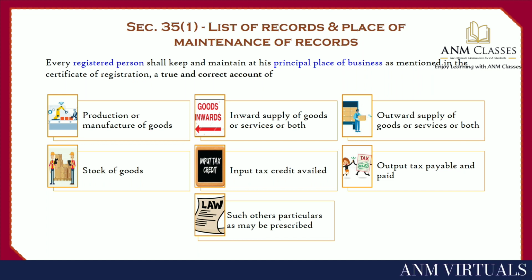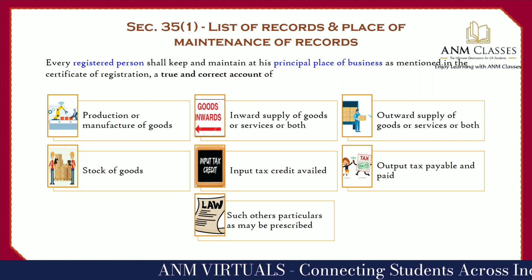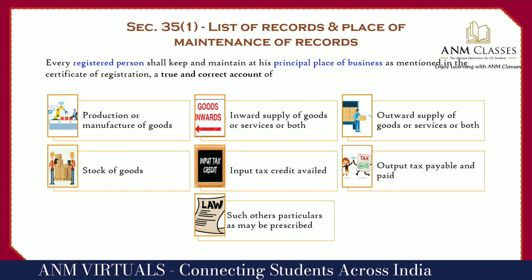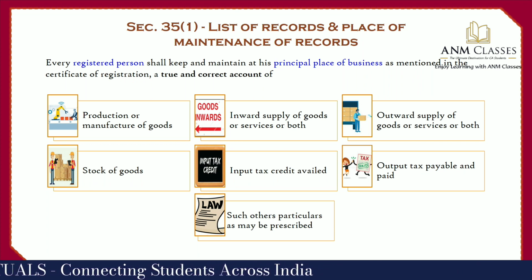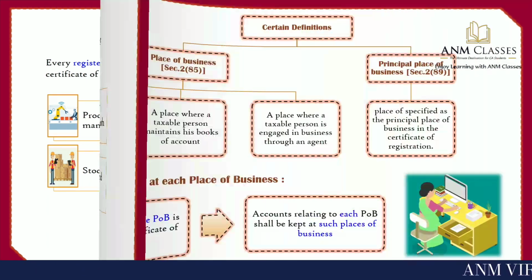Where it has to be maintained is answered by: every registered person shall keep and maintain at his principal place of business as mentioned in the registration a true and correct account of production or manufacture of goods. Next one, inward supply of such goods or services or both. Outward supply of goods or services or both. Stock of goods, input tax payable, output tax payable or paid. Such other particulars as may be prescribed.